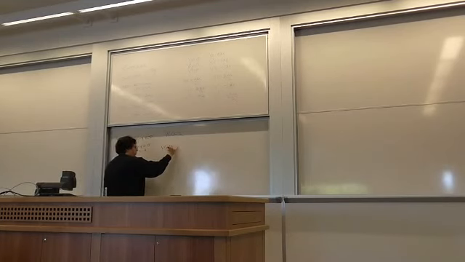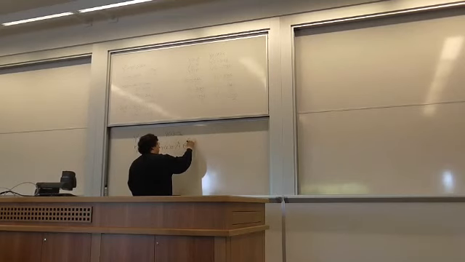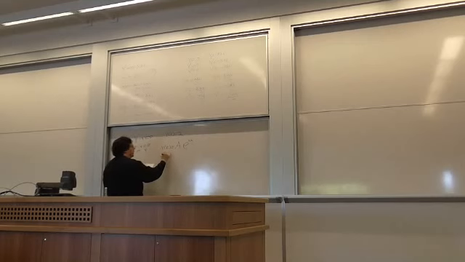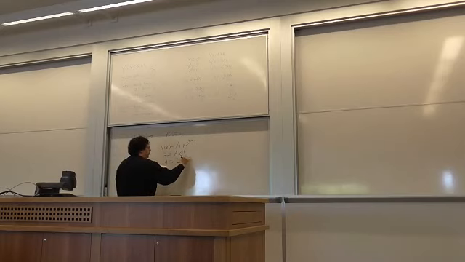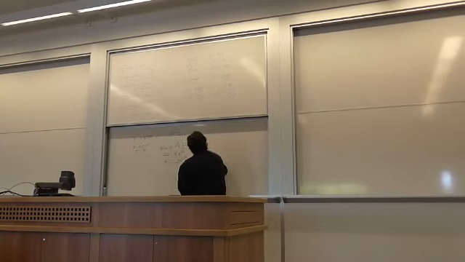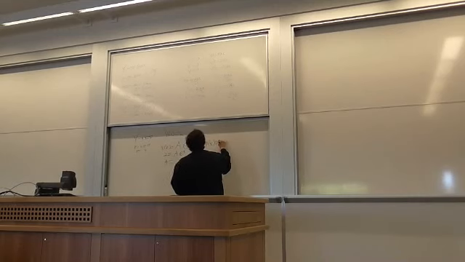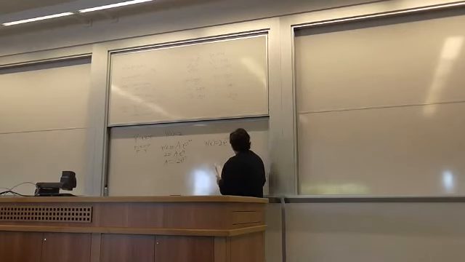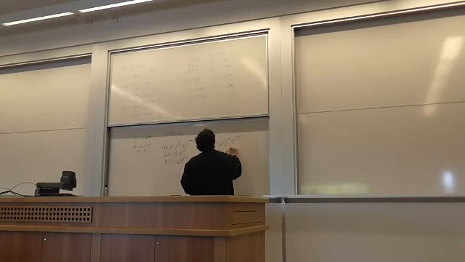So y of x would be some constant e to the 4x. And plugging this in, we get 2 equals a e to the 4th. So a equals 2e to the minus 4. And that means that y of x equals 2e to the minus 4 e to the 4x. Or if you like, 2e to the 4 times x minus 1.